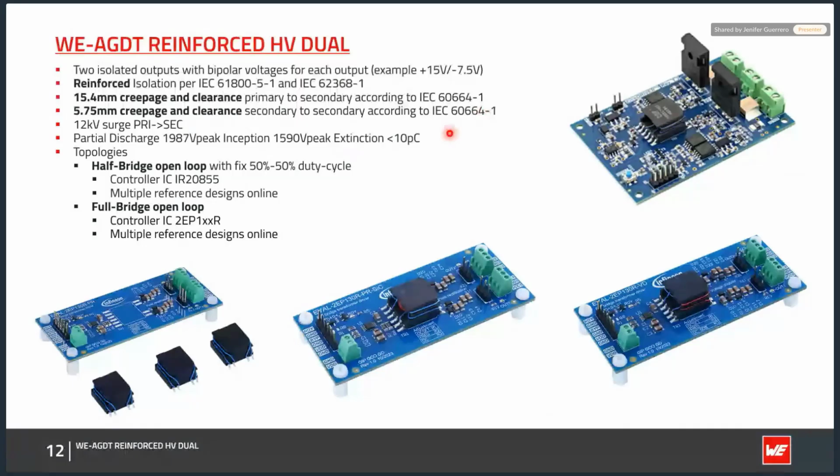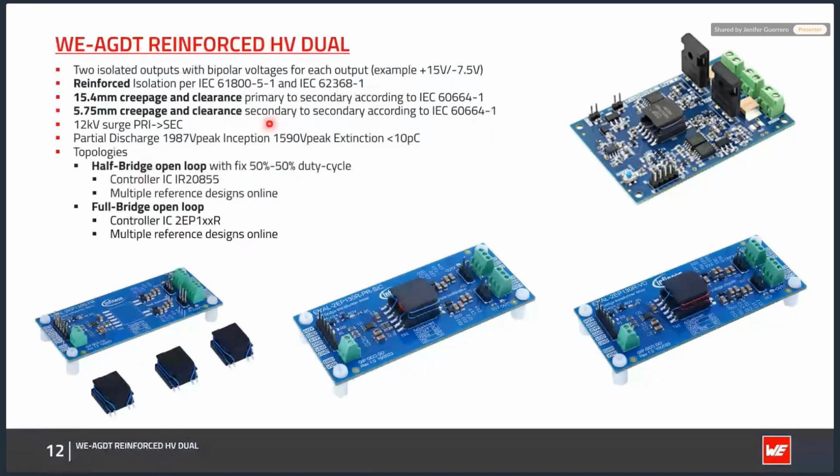And this series meets reinforced isolation standards according to IEC 618 and 62368. We have also complied with the creepage of 16 millimeters, and also between the two outputs, so they are isolated from each other, and there is full separation even under high voltage stress.